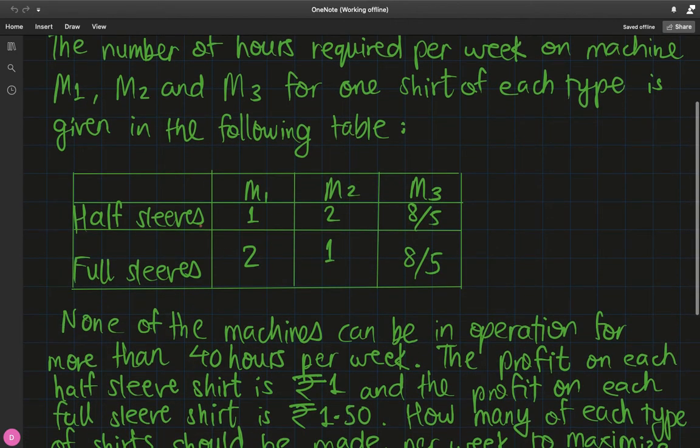So here's the table. Half sleeves require, say, 1 hour on machine 1, 2 hours on machine 2, and 8/5 hours on machine 3, while full sleeves require 2 hours on machine 1, 1 hour on machine 2, and 8/5 hours on machine 3.